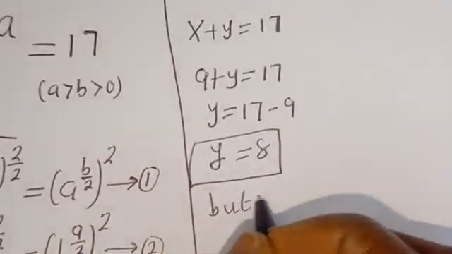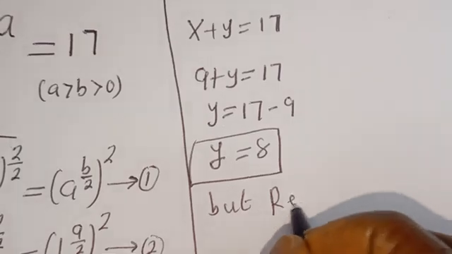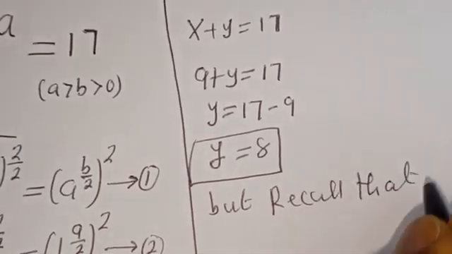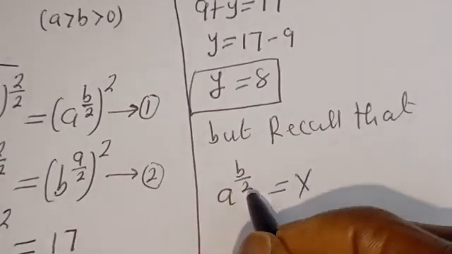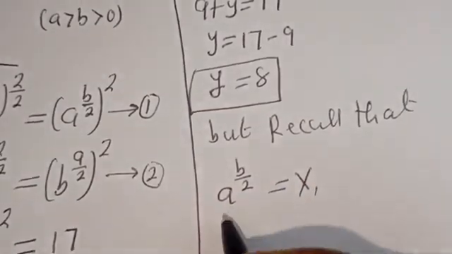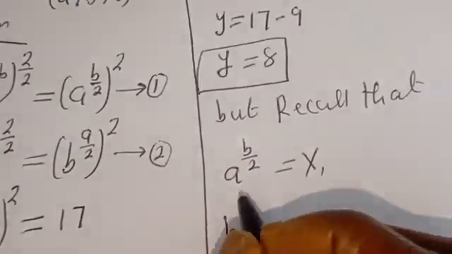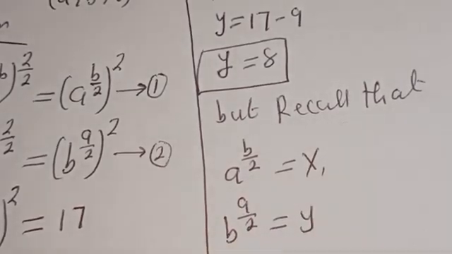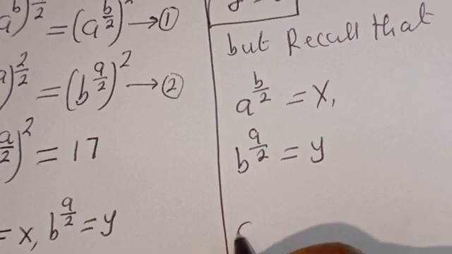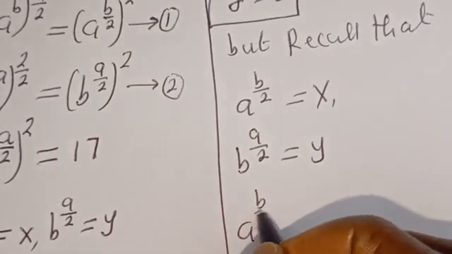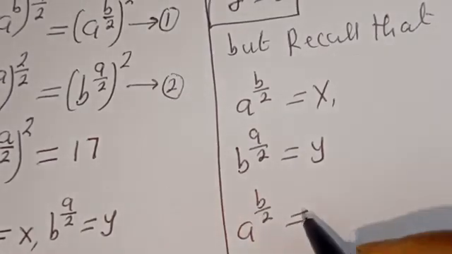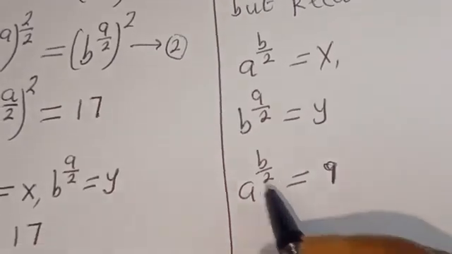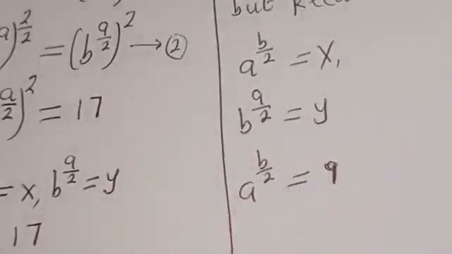But recall that a to the power of b divided by 2 is equal to x, and b to the power of a divided by 2 is equal to y. Then we have a to the power of b divided by 2 is equal to x, which is 9. Let's square both sides of this equation.